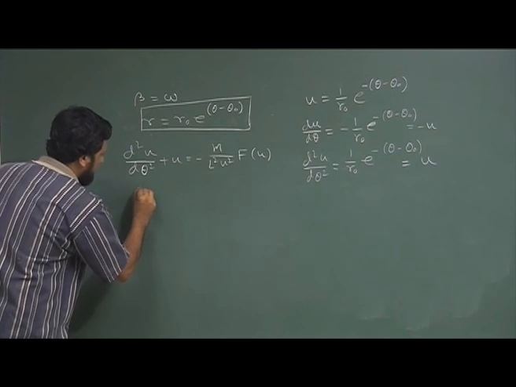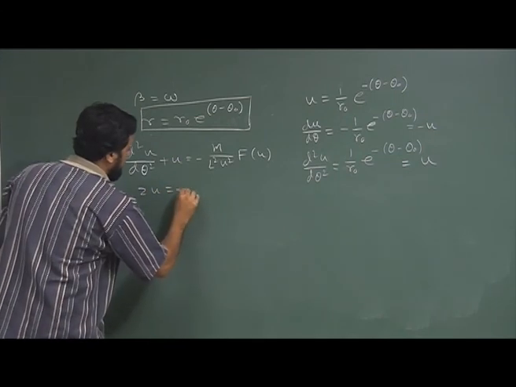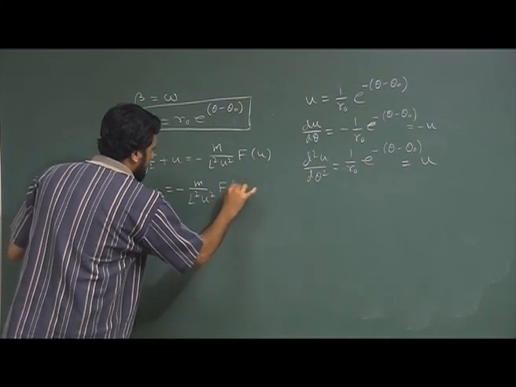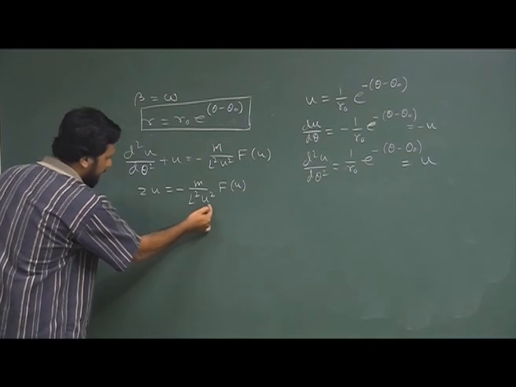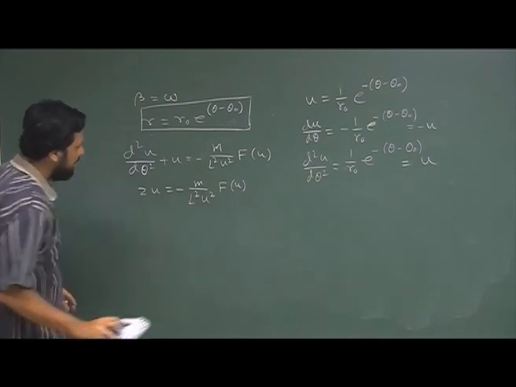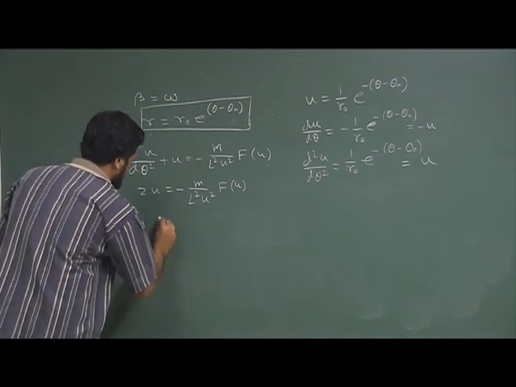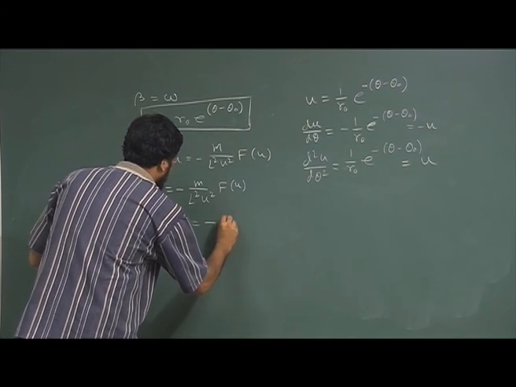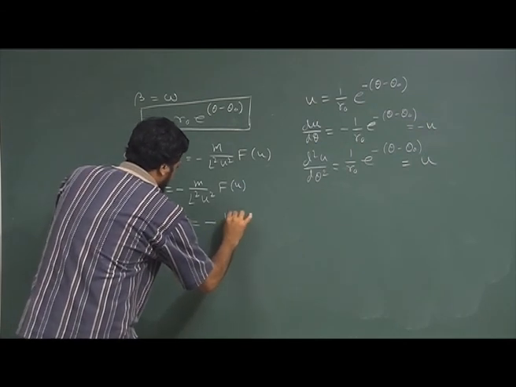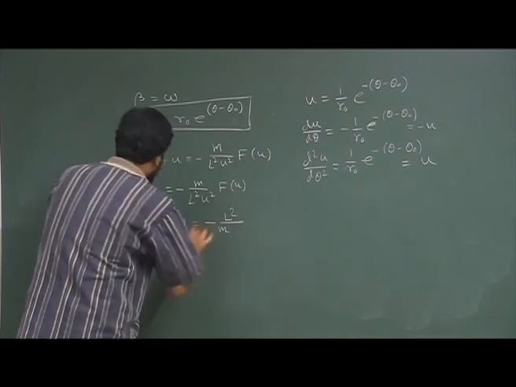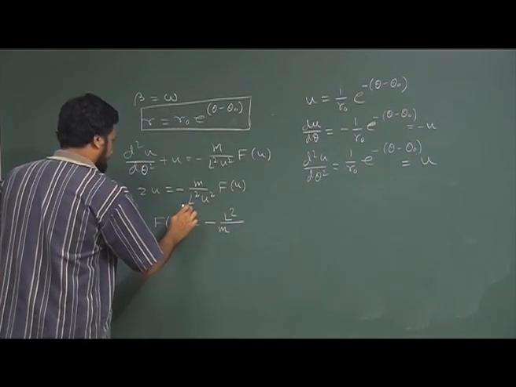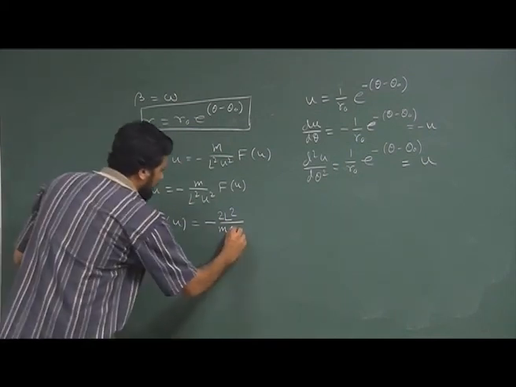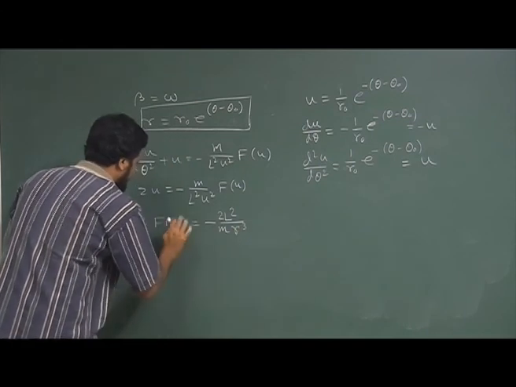So, this part is nothing but 2u, and on the right hand side we have m by L square u square f of u. You have to bring this u square to this side, and rearrangement will tell you that f of u is equal to minus L square by m, so there will be a 2 here, it will be u cubed, we are writing 1 by r cubed.